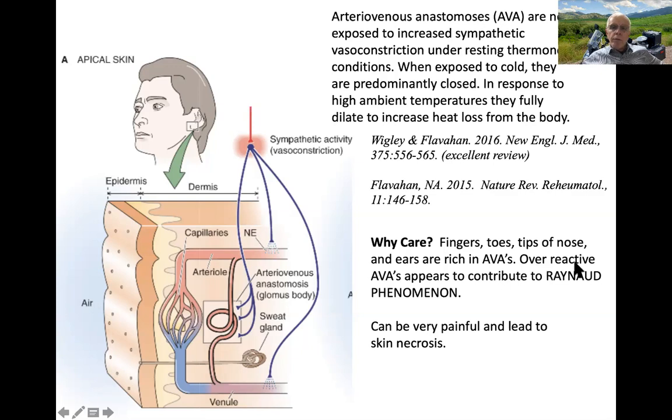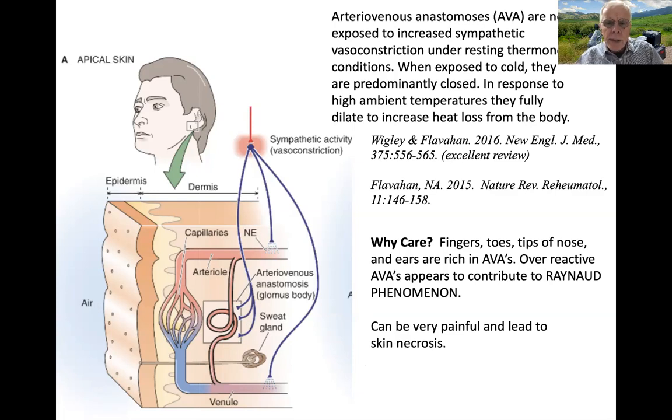They're almost shut down most of the time anyway, but when they become overactive and just close at normal body temperatures, it can really shut down blood flow to the skin to such an extent that the skin becomes hypoxic, and it'll actually activate pain fibers and it hurts. Again, the intensity of the pain varies from one subject to another, but it can be really painful. I can remember my mother just wincing and rubbing her fingers together.